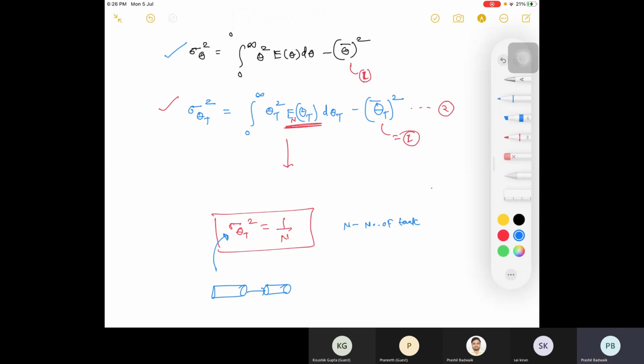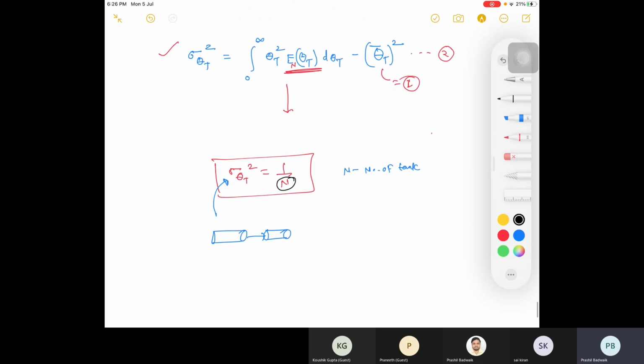And the sigma theta has been directly compared with your number of tanks using this formula. This is the proof of the tanks-in-series model. Don't worry about the derivation, I'll upload the PDF for it. So sigma theta t square is equal to 1 by n. This is the finding of the tanks-in-series model. Very, very important.